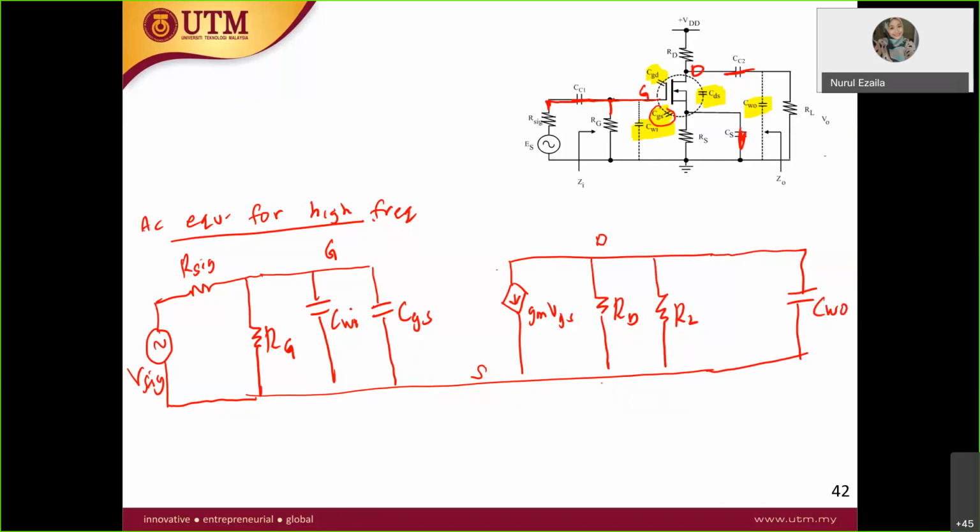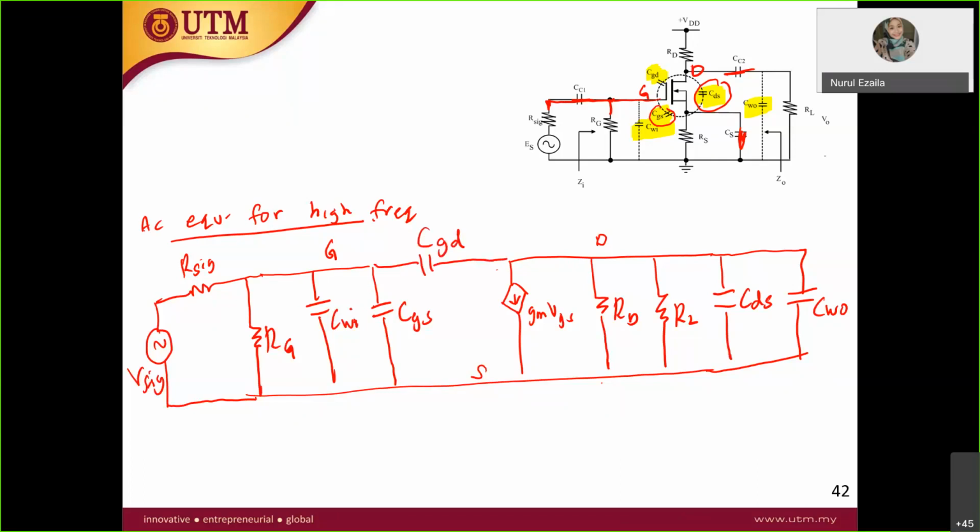But at the drain and source you also have the junction capacitor, which is CDS, so you have to put CDS over here. You have one more left, the horizontal capacitor. What is the capacitor? Someone? CGD. Yes, CGD.